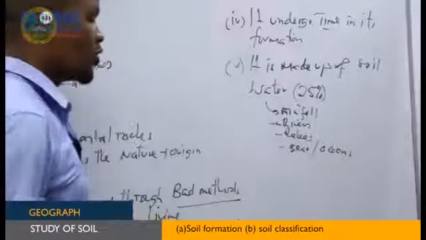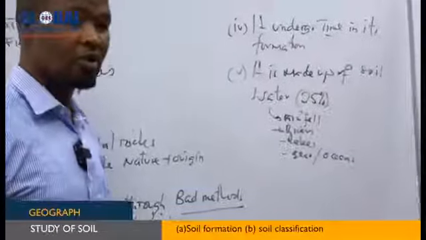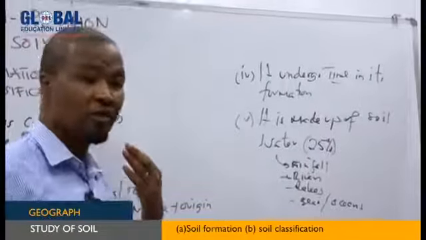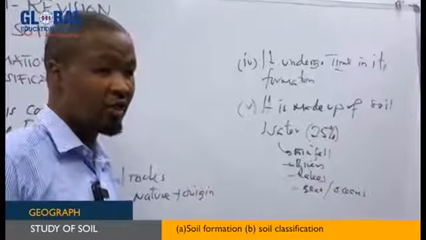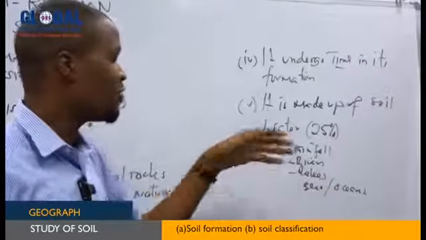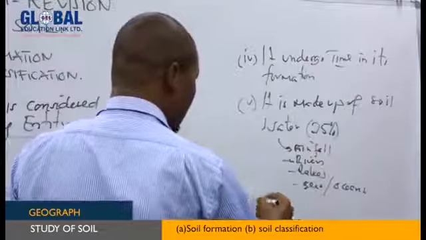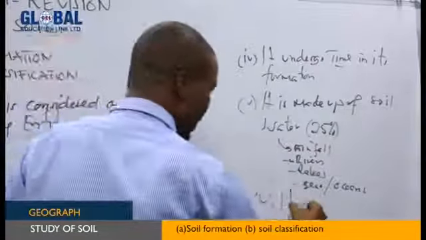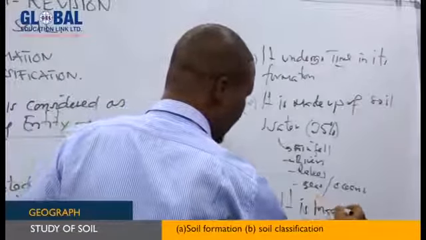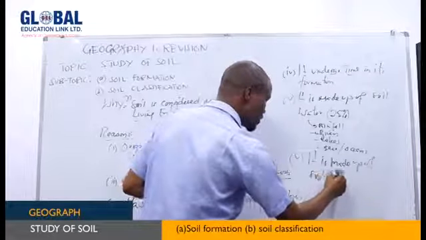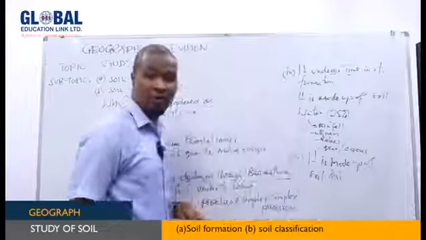Similar to living organisms. The good point is that a living organism's body is made up of 75% water. So right here, 25% of it is water. Then we have air. See? It is made up of what we call soil air, similar to a living organism.